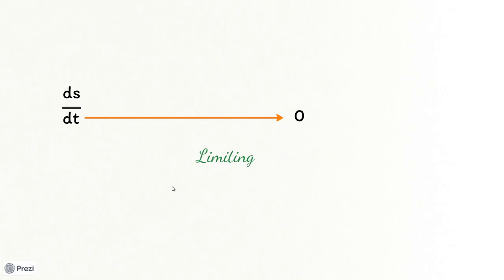And it need not just be 0, it could be any value, and that limiting to any value is called limits. This is what you see in your book, the topic limits, in chapter 13, if I'm right.